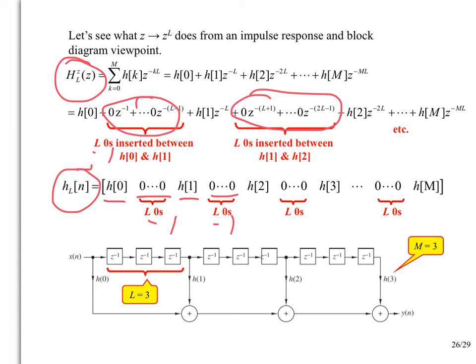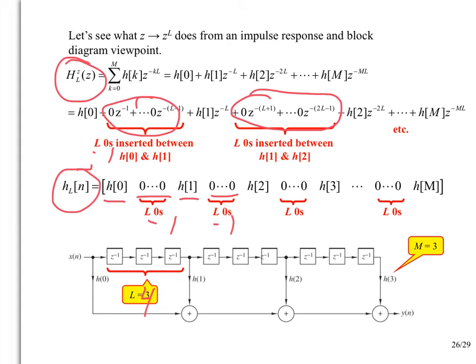We can see that, right? Because it's z to the minus 1, z to the minus 2, all the way out to z to the minus L minus 1. If we count those, we've got 1, 2, all the way out to L minus 1. So it's L minus 1 zeros that are inserted. Here is a case, this would actually be L equal to 4, because I'm putting in 3 zeros.